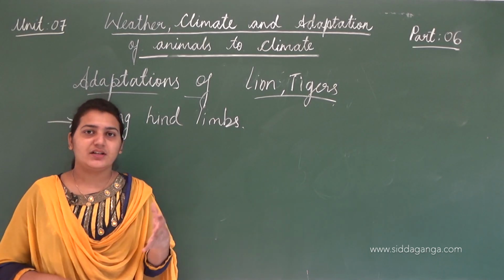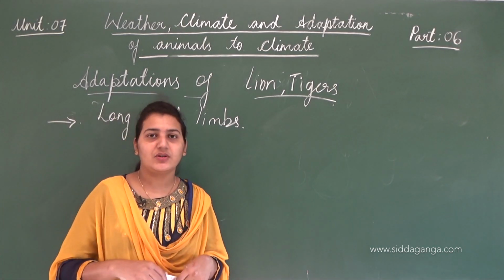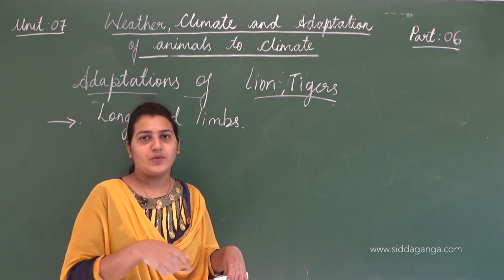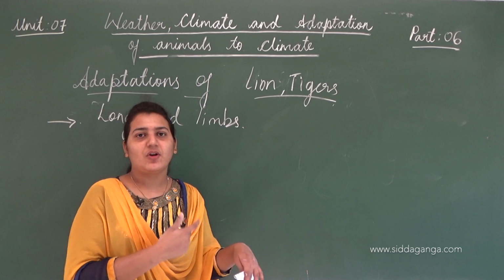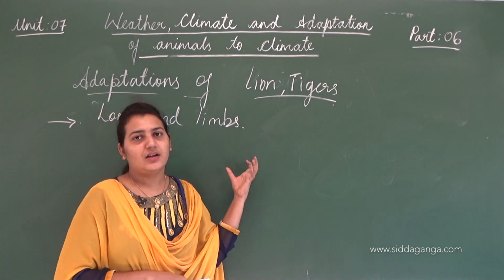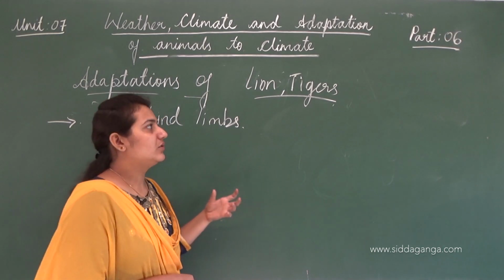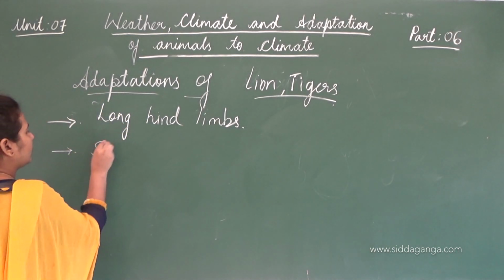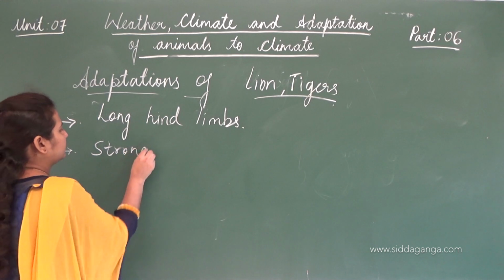For example, the cheetah is the fastest animal. Why? Because it has long hind legs, so it can easily make longer jumps. That is one of the adaptations of these animals, and they also have a very strong sense of smell.